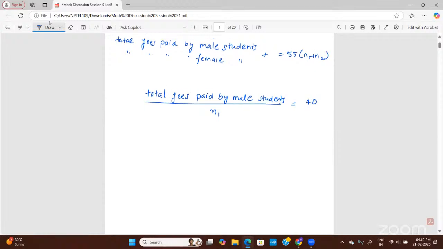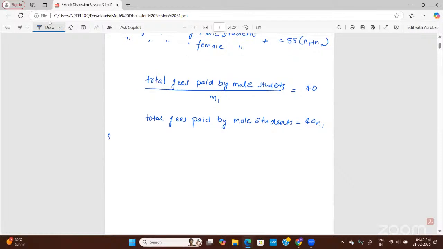So the formula for the average: the total fees paid by the male students divided by N1 is given to us as 40. From here we get the total fees paid by the male students as 40 into N1. Similarly, we can find it for female students also.